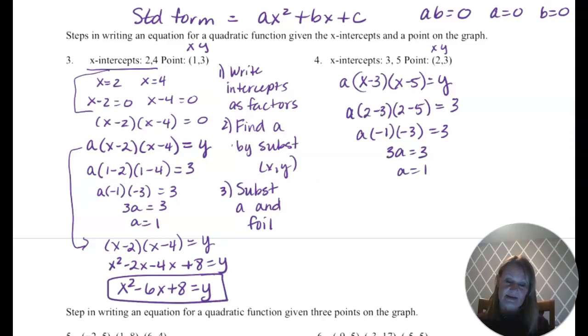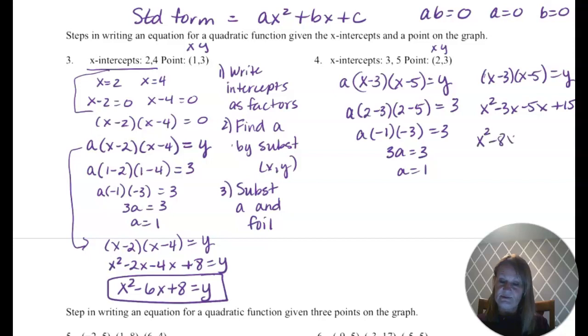So the next step is, since A is 1, I'm going to come back up to this step and just FOIL. So x squared minus 3x minus 5x plus 15 equals y. So x squared minus 8x plus 15 is y. And there's your equation.